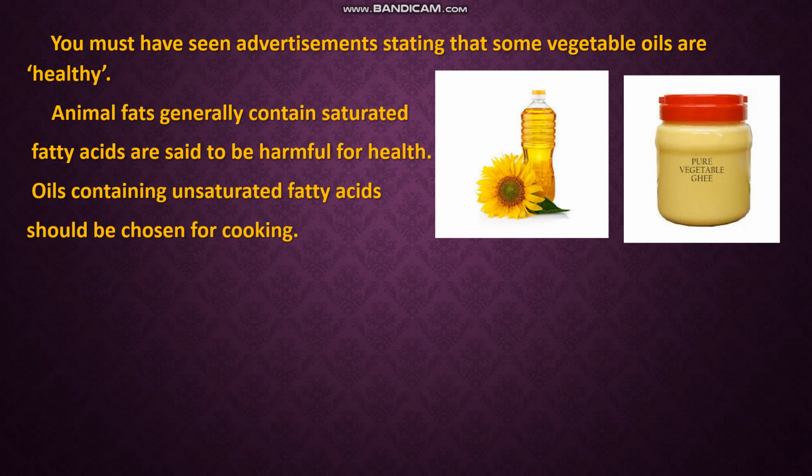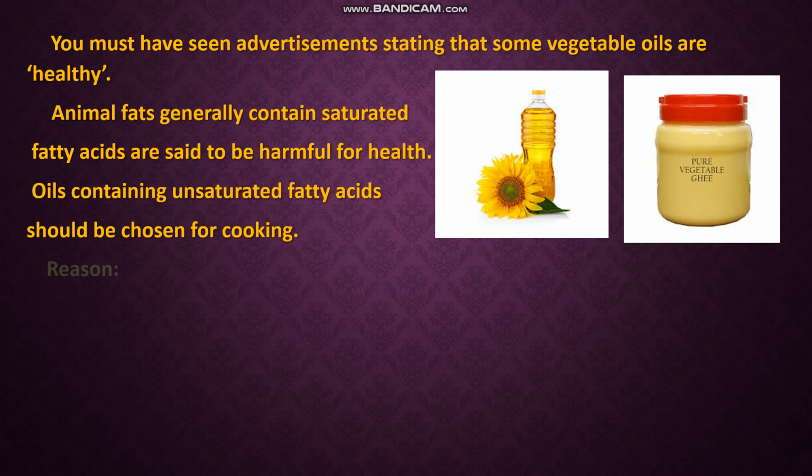Oils containing unsaturated fatty acids should be chosen for cooking. Let us see the reason. Saturated compounds are less reactive compared to unsaturated compounds, because in saturated compounds all are single bonds, so they are less reactive. But in unsaturated compounds there are double or triple bonds between the carbon atoms. That's the reason they are more reactive.